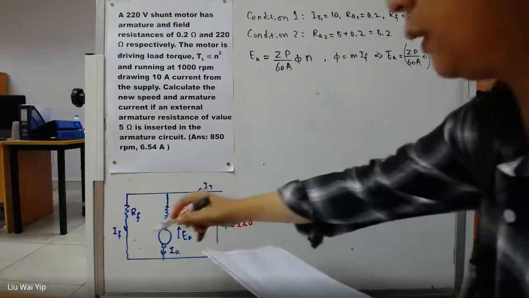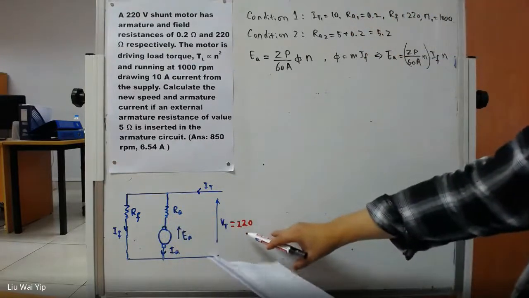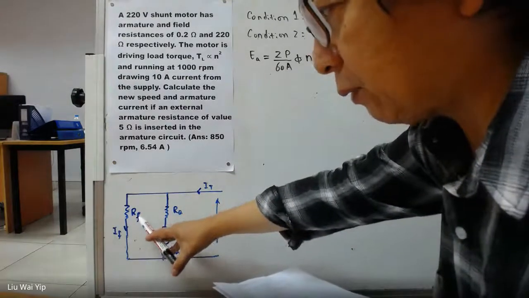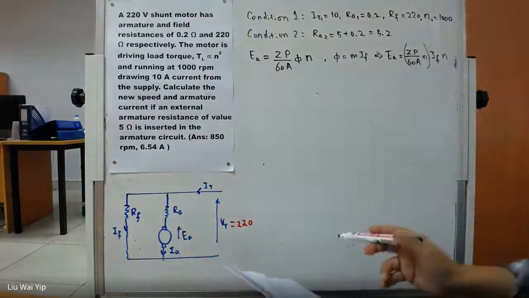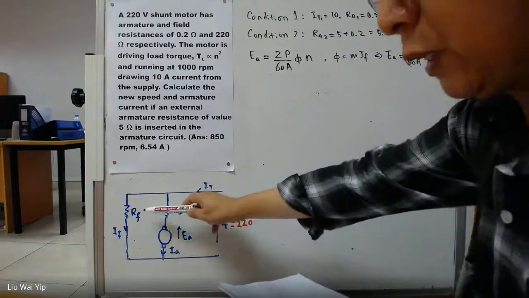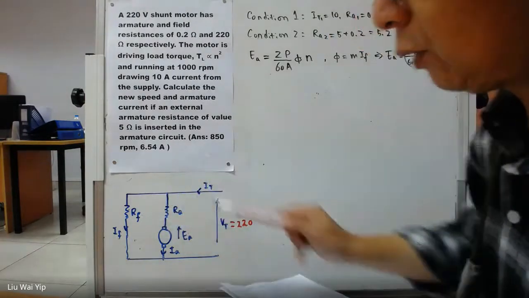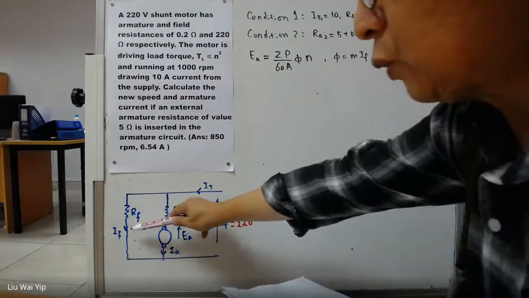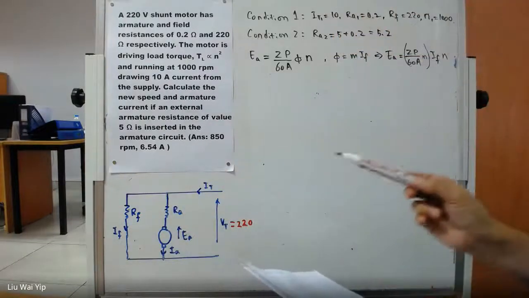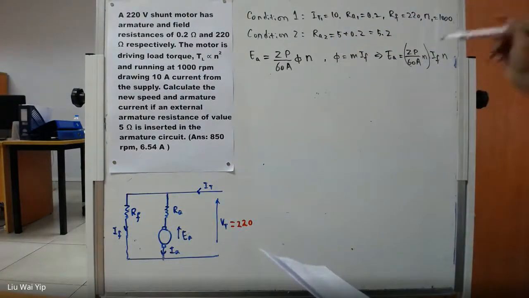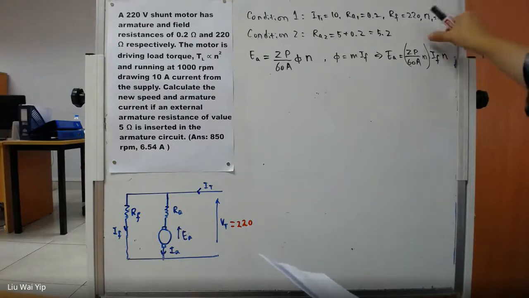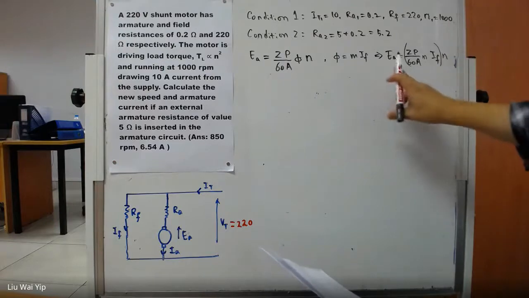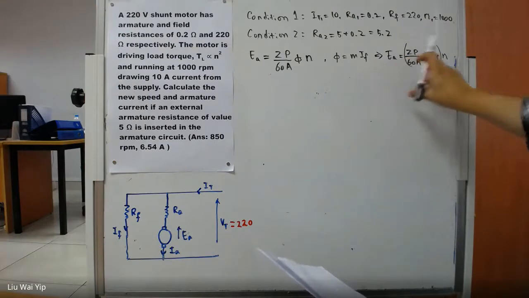But normally, if you don't change the supply voltage, and if there is no hardware change, then we are not going to expect any change in the field winding resistance, and therefore we should not expect any change in the field current. So essentially, the only thing that can be changed is EA and N.